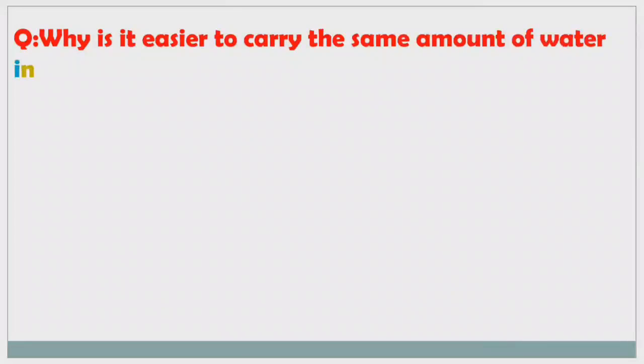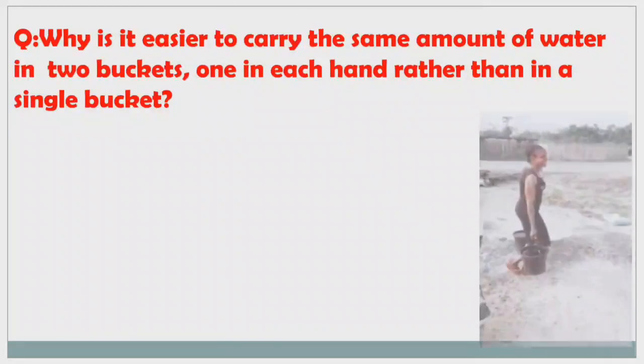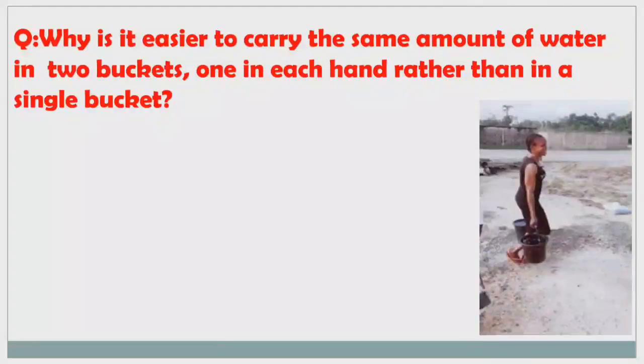Now we will see another textbook question. Why is it easier to carry the same amount of water in two buckets, one in each hand, rather than in a single bucket? Here we can observe a person carrying two buckets of water, one in each hand.